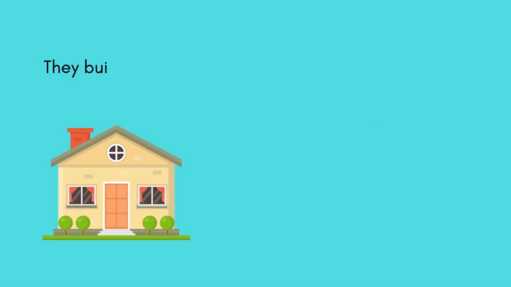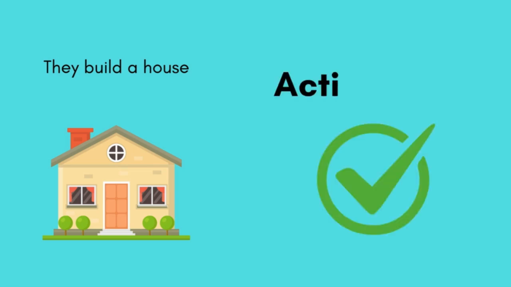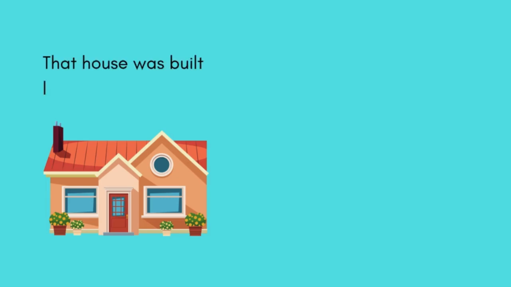Number 3, they built that house. What is your answer? Correct. This is active voice. They, as the subject, directly perform the action of building. The last number, that house was built last year. What is your answer?